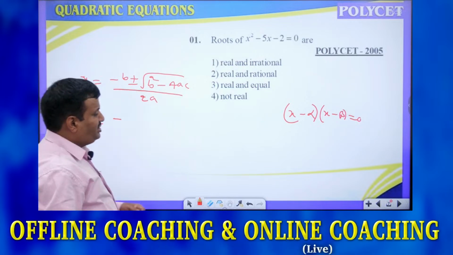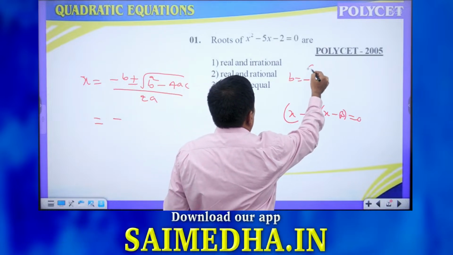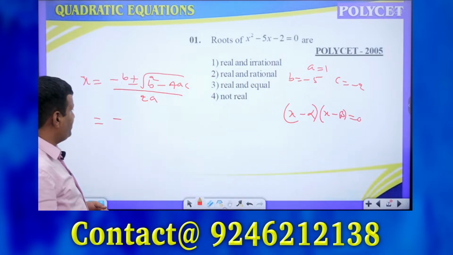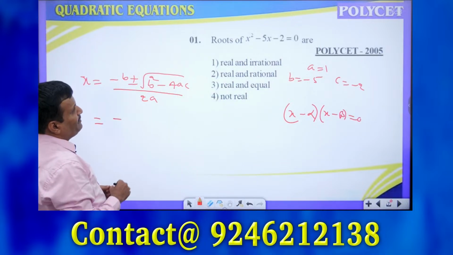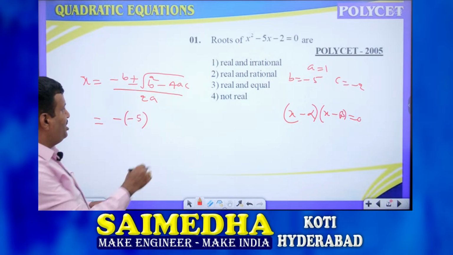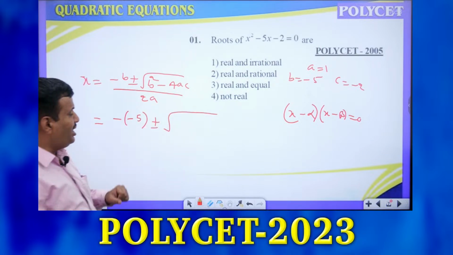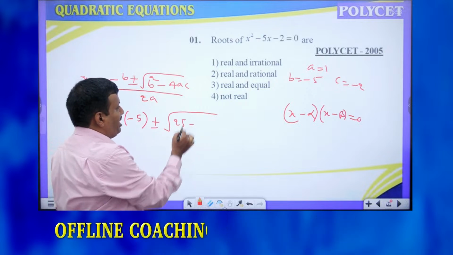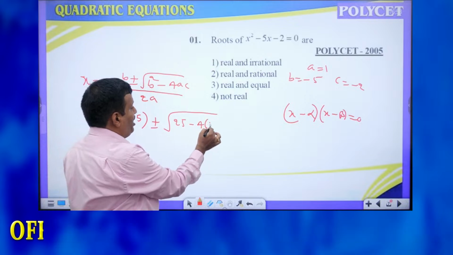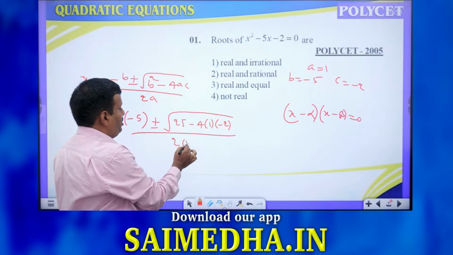Minus b, what is the b value here? Check the b value. B value is minus 5, a value is 1, c value is minus 2. Substitute here minus b. What is that? Minus of minus 5, plus or minus square root b square, how much do we get? 25 minus 4ac, 4 into 1 into minus 2, divided by 2a, 2 into 1.